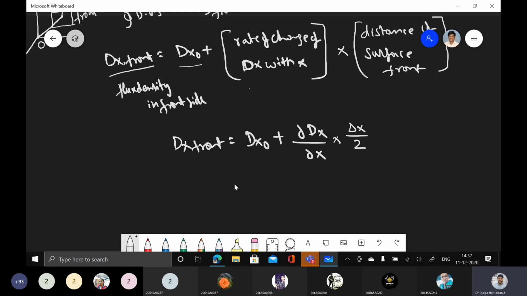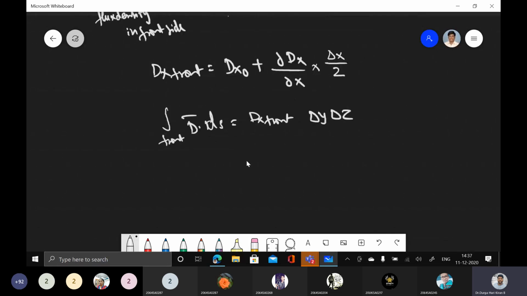And now what I will take is, front will be D bar dot dS bar, equal to something like dx front into del by del z. So if I do this, what I will get is dx naught plus del dx by del x into delta x by 2, into delta y delta z.